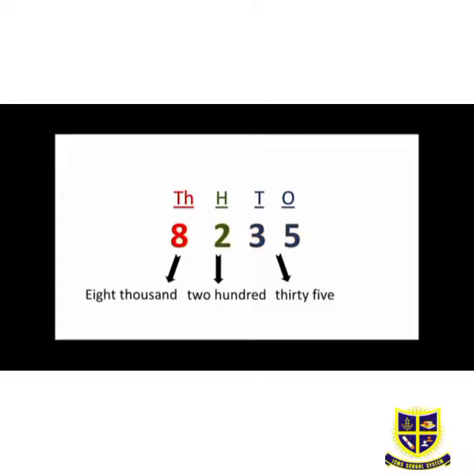And the third part comes from the tens and ones places taken together, so 3 and 5, 35. So the number name of this number is 8,235.